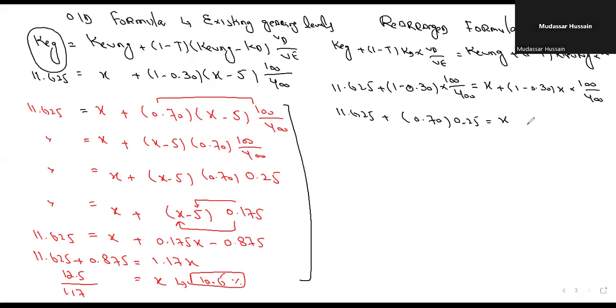Here this is x plus 0.70 x, and here 0.25. Now see, 0.25.